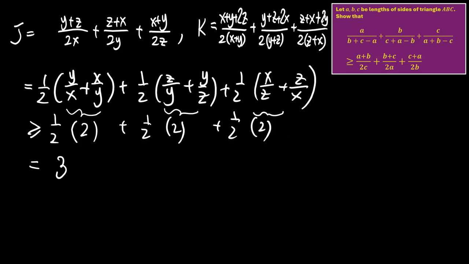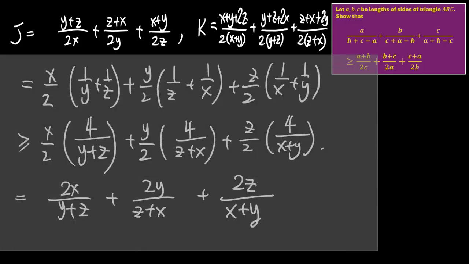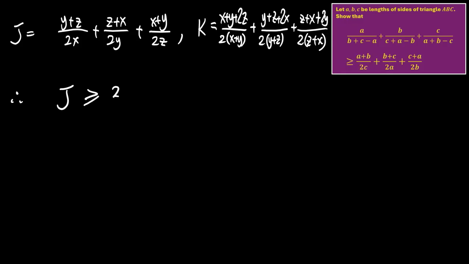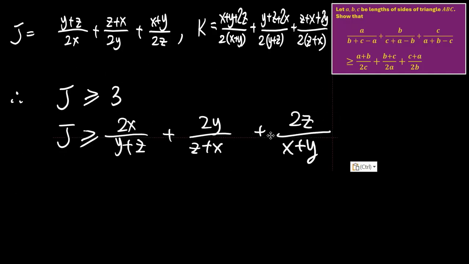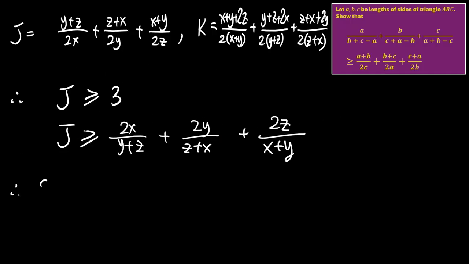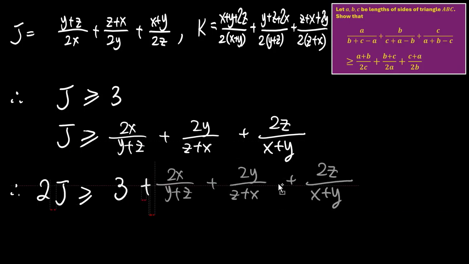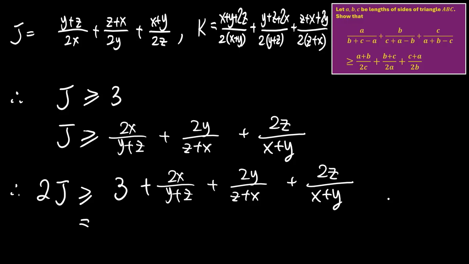So far, we have two inequalities related to J. That is, J is greater than or equal to 3, and J is greater than or equal to this expression. With this, we know that 2J is greater than or equal to 3 plus this expression. And for 3, we can write it as 1 plus 1 plus 1.